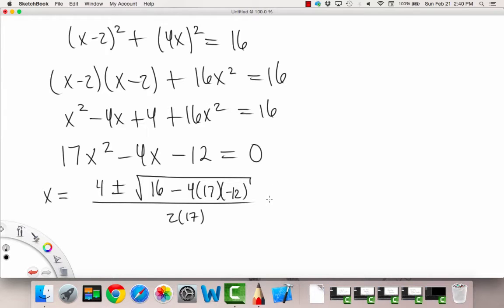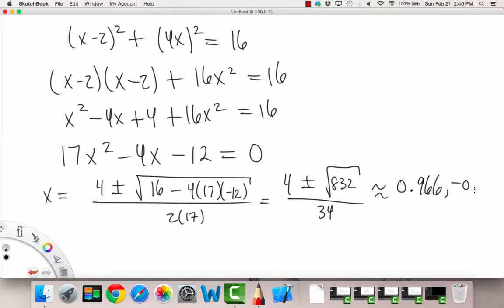And this simplifies to 4 plus or minus the square root of 832, pretty big numbers here, over 34. So x is about equal to 0.966 or negative 0.731 when you plug that into your calculator. So these are the two x values where our intersections lie.